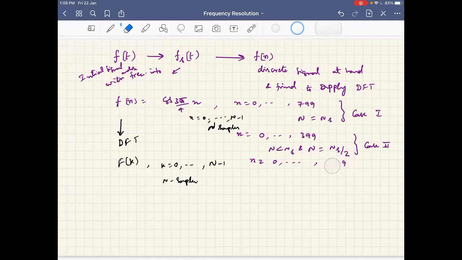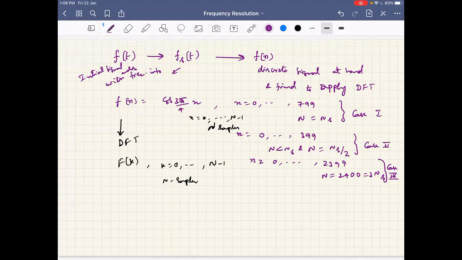So 3 times Ns I have taken. So n here is equal to 2400, which is equal to 3 times Ns. Let this be case 3. So these are the cases we will analyze.